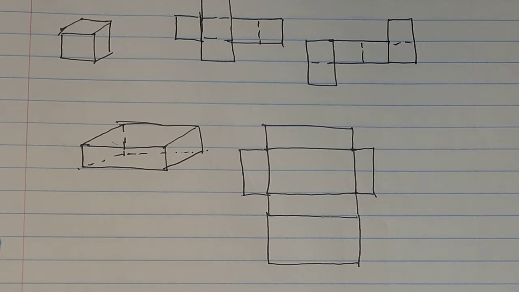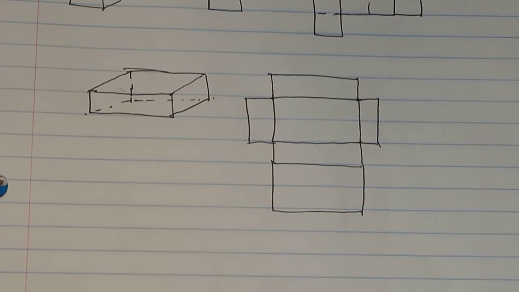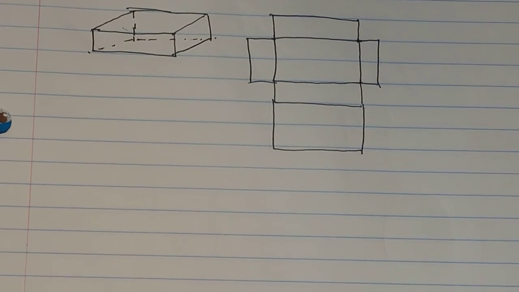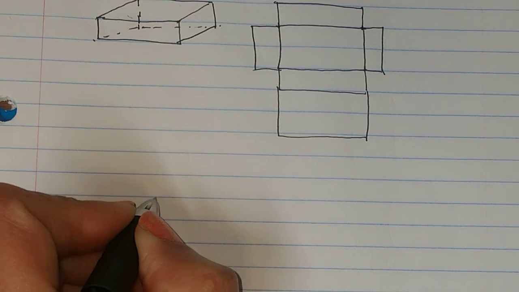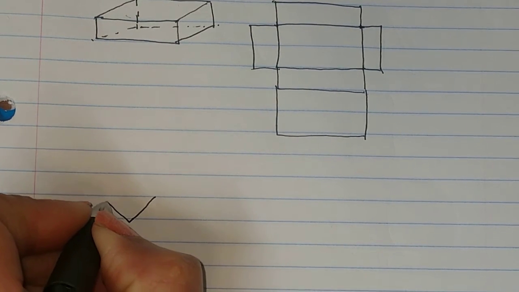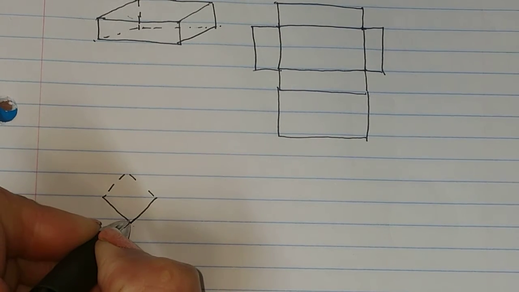But what if we had a pyramid? Remember, we had a square pyramid, or a rectangular pyramid. Let's see what that would look like. We have to start with our square. We have our pyramid.